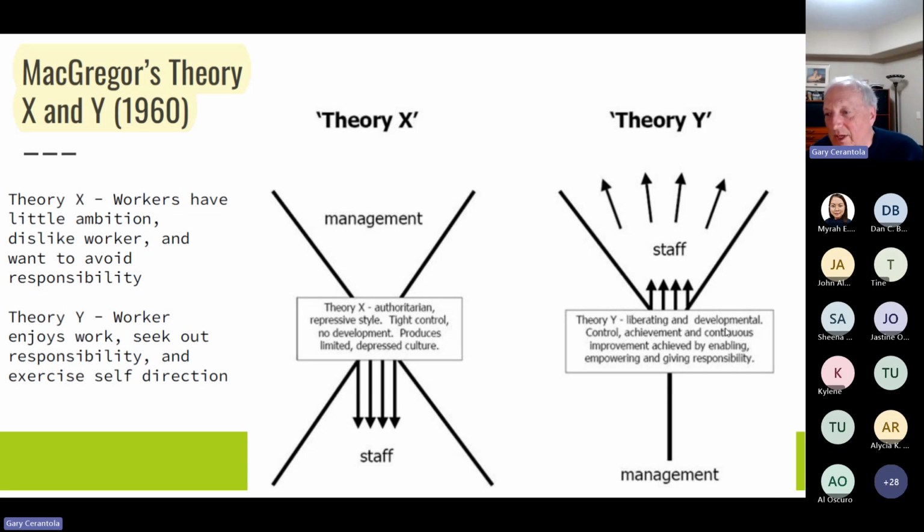So it's liberating. You're looking at achievement and continuous improvement achieved by enabling and empowering and giving responsibilities, and that's sort of more along the lines of where we're heading. And just to keep in mind, right?